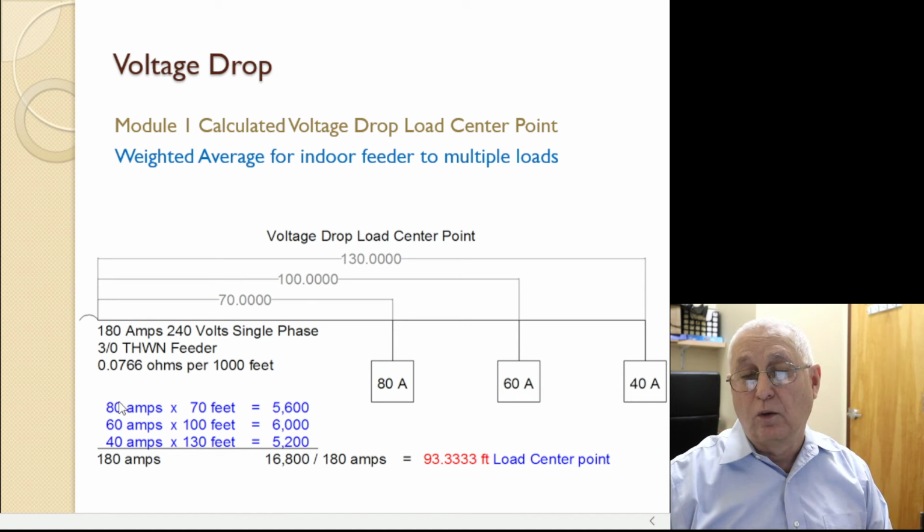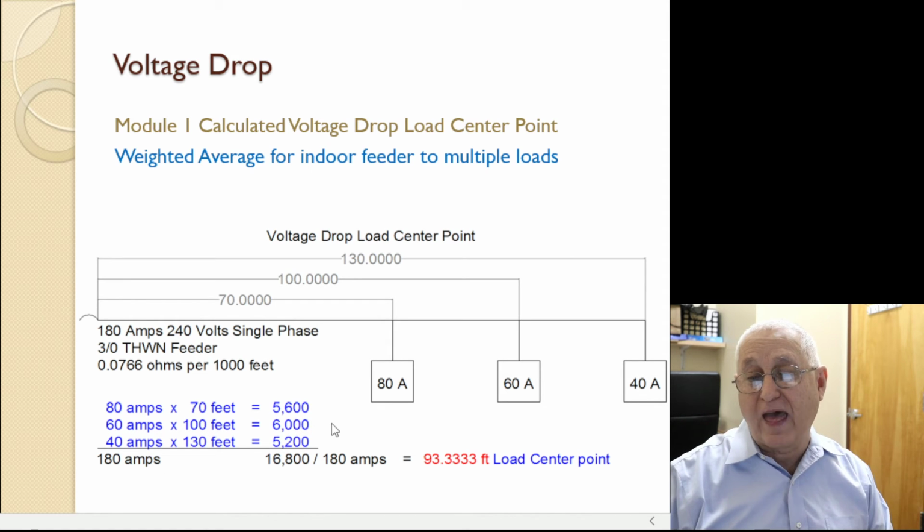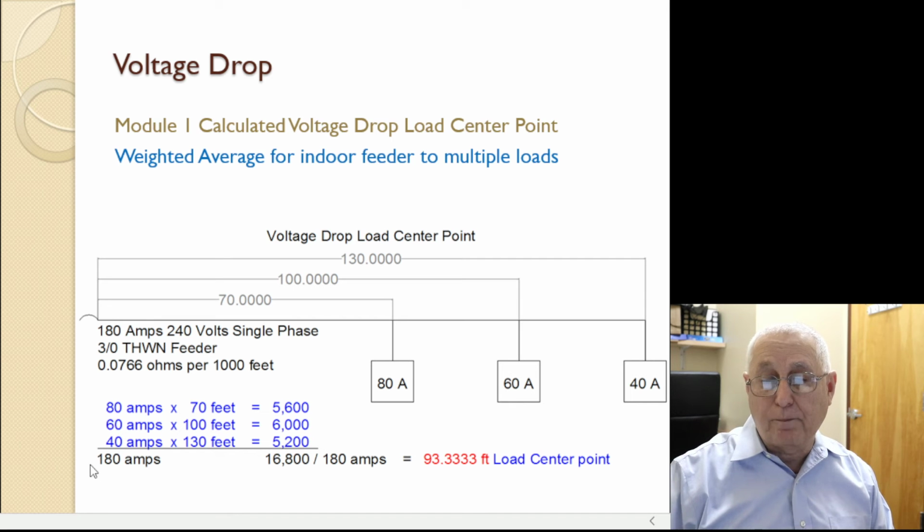We take the 80 amps times the 70 feet, we get 5,600 amp feet. 60 times 100 is 6,000 amp feet. And then 40 amps times 130 feet equals 5,200 amp feet. When we add up all the load, it's 180 amps.